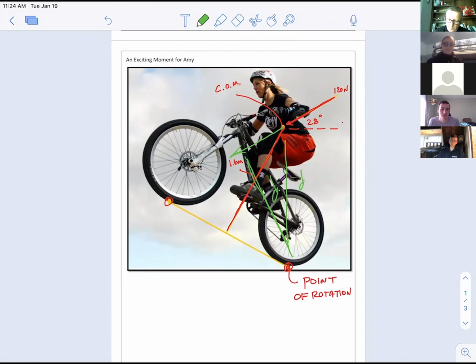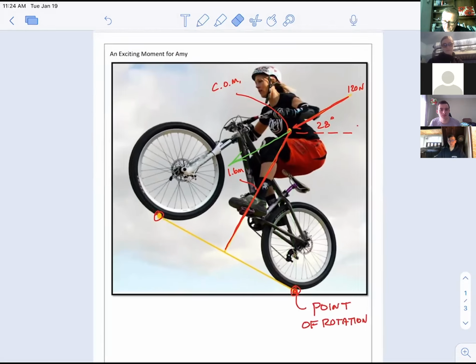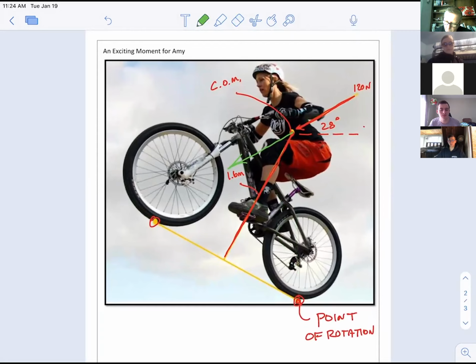That seems really confusing. Well, the easy way to do this is to do what we did in the last section, which is actually convert this from kind of a 28-degree vector. Let's convert that to horizontal and vertical.